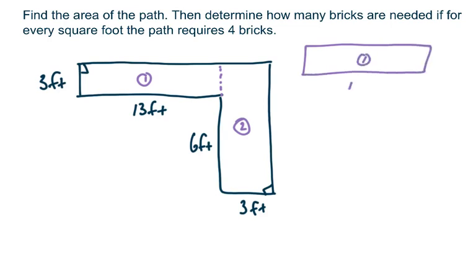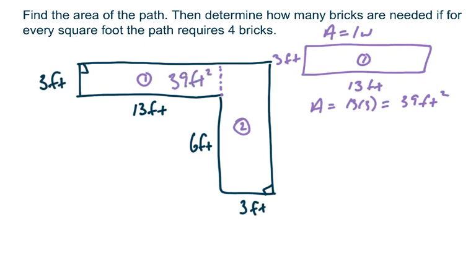The dimensions we can see are already 13 feet by 3 feet. So I'm going to use my formula, area is length times width, and we're going to say 13 times 3 and get a grand total of 39 feet squared because we're talking about area. So then I'm going to come back over here and I'm going to say, okay, this is 39 feet squared.